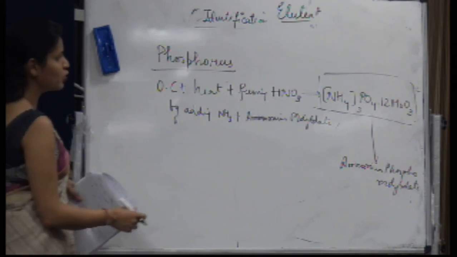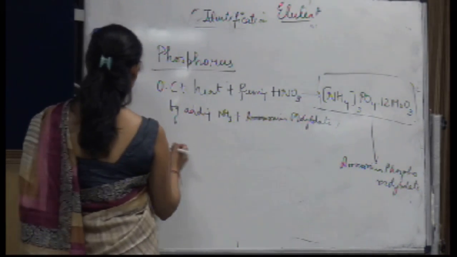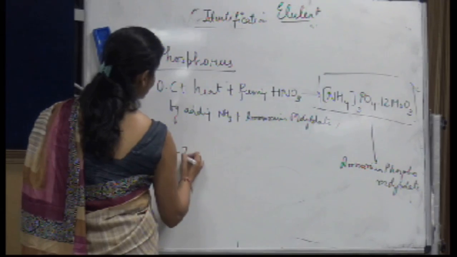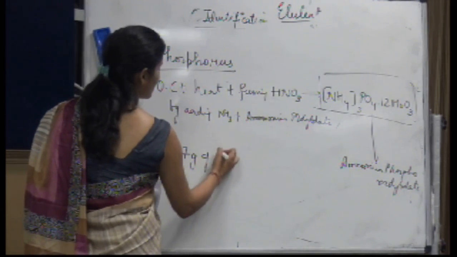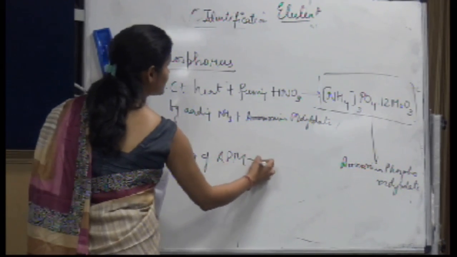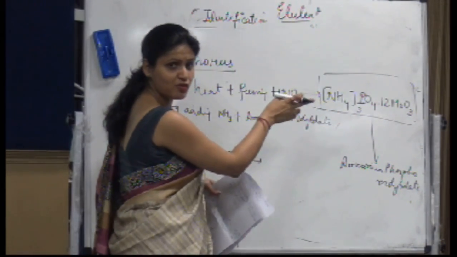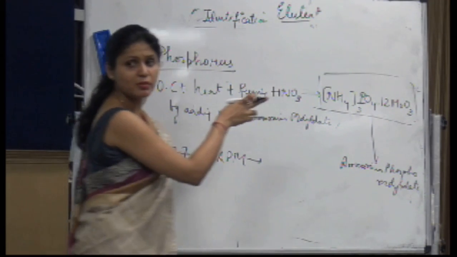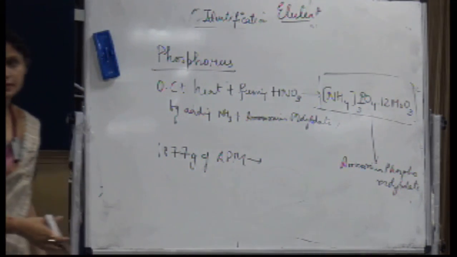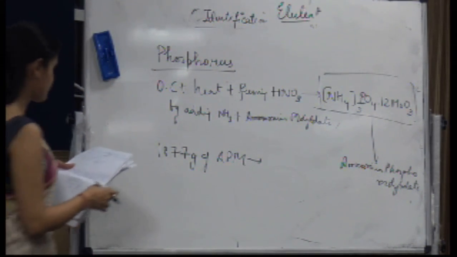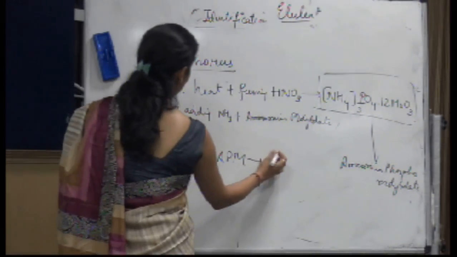So what is the molar mass of ammonium phosphomolybdate? It is 1877. 1877 grams of ammonium phosphomolybdate contains just 1 mole of phosphorus. What is the atomic mass of phosphorus? 31.